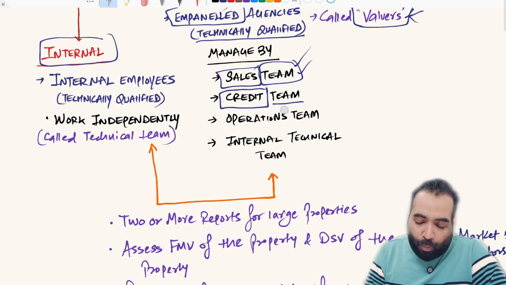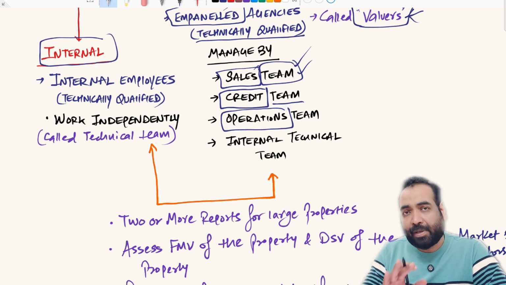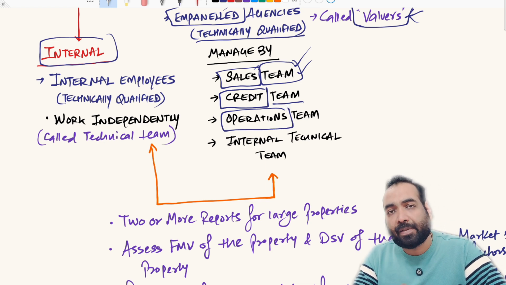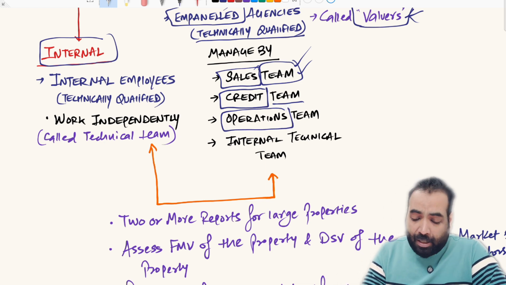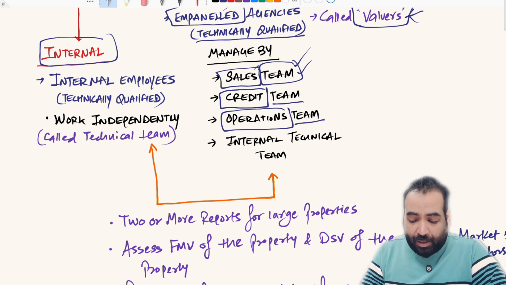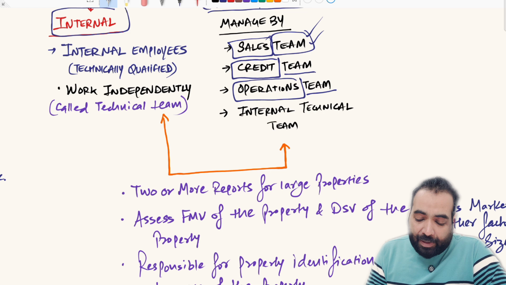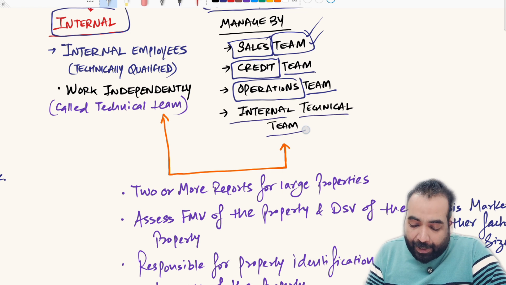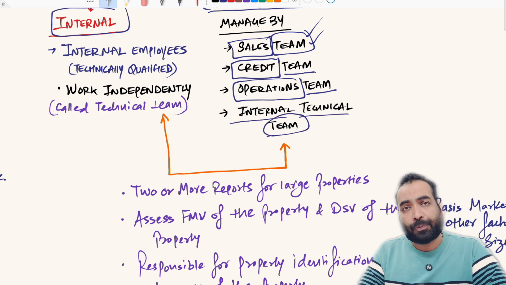In some banks, the operations department handles them; you must have watched the different departments video that I did earlier. The operations team handles the external agencies, right? But in some banks, there is a separate internal technical team hired by the banks also.